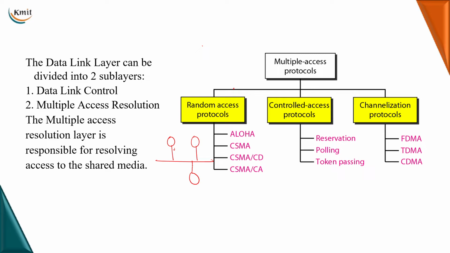I have to resolve which among these three devices will transmit the data first. This is about multiple access resolution. For this we have many protocols like random access protocols, controlled access protocols and channelization protocols. In this video we are going to learn about the random access protocols.